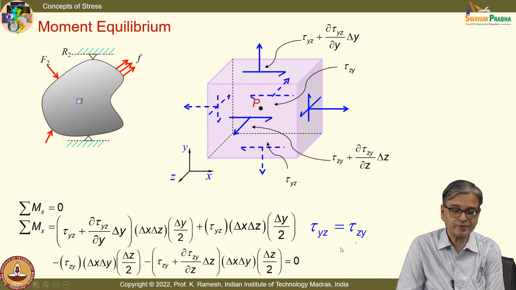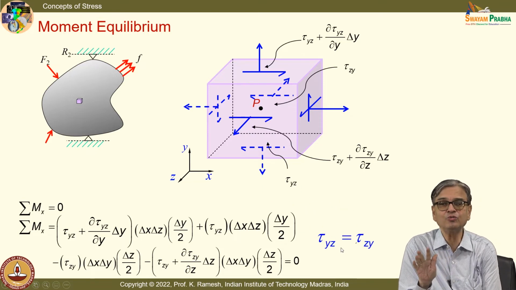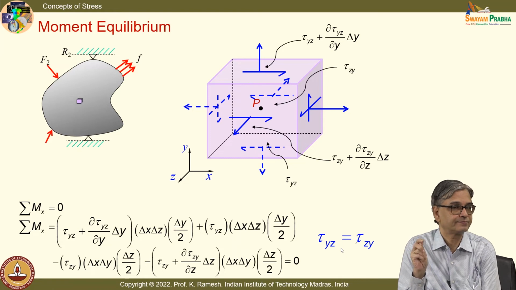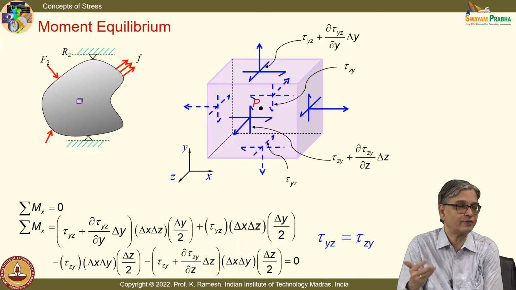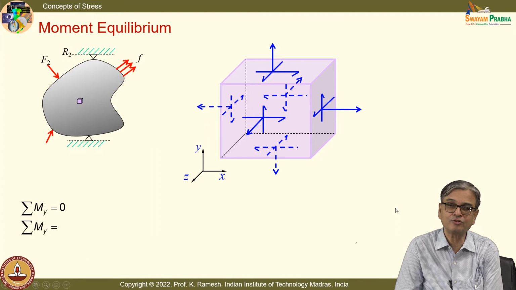This gives me tau yz equal to tau zy. So naturally, when I look at what is going to happen in the y direction, sigma My equal to 0, I will have the identity tau xz equal to tau zx.